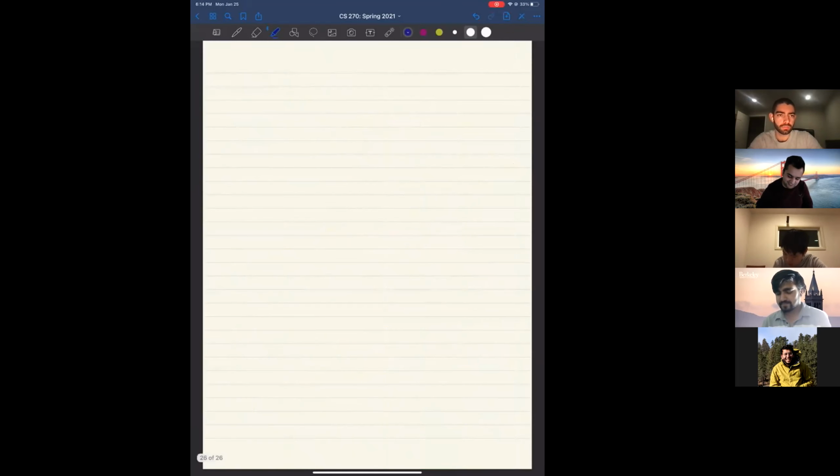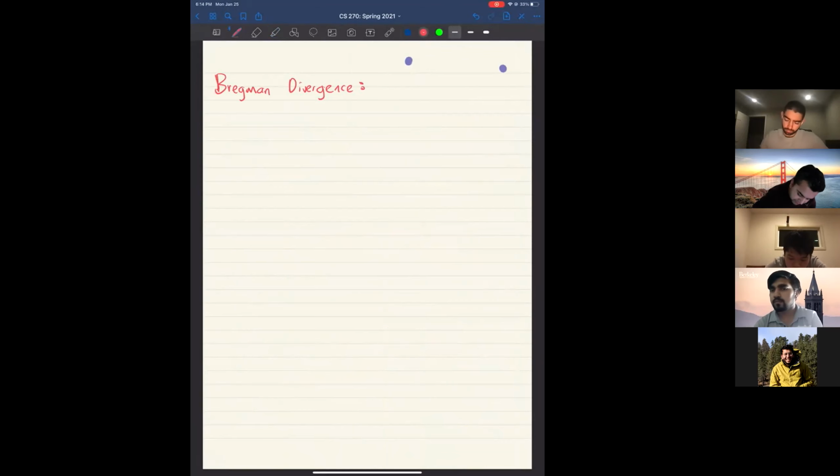Okay, so what's the broad setup for this kind of thing? This is called mirror descent. The basic function that you use to substitute for a quadratic is a Bregman divergence. So what's a Bregman divergence?